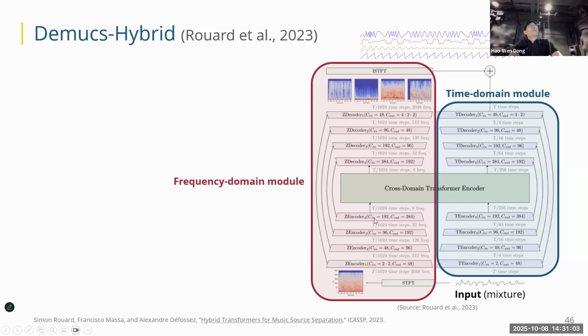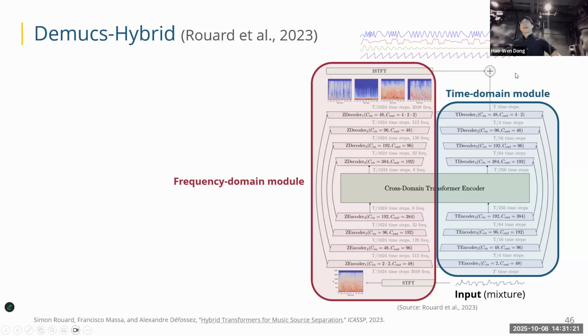You do all the stuff until you get some spectrogram back, and then you do ISTFT. Again, ISTFT is also differentiable. So you do ISTFT back, and then you add these two things together.